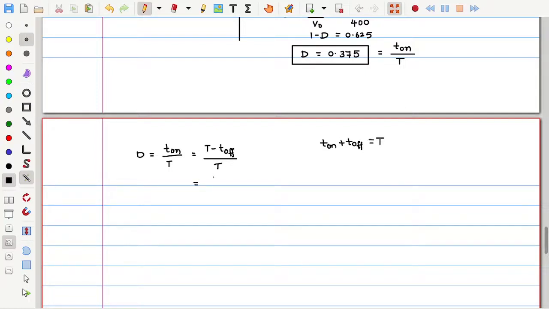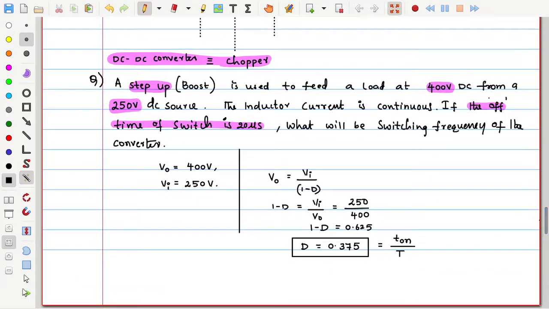So from this, can I say 1 minus T off divided by capital T is equal to the duty ratio. Now in this, I know D, 0.375. I know T off. How much is the T off? 20 microsecond.